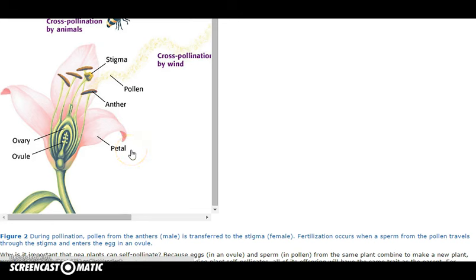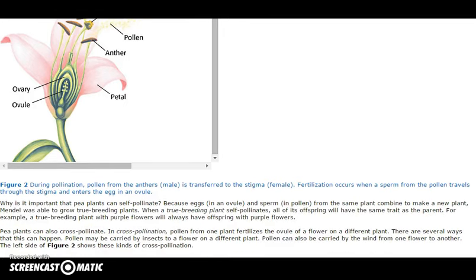Pea plants can self-pollinate, and I have told you that the reason we need pollinators is because most flowers cannot self-pollinate. However, pea plants can self-pollinate, but they don't have to self-pollinate. They also can cross-pollinate. So, here we have self-pollinating and cross-pollinating.